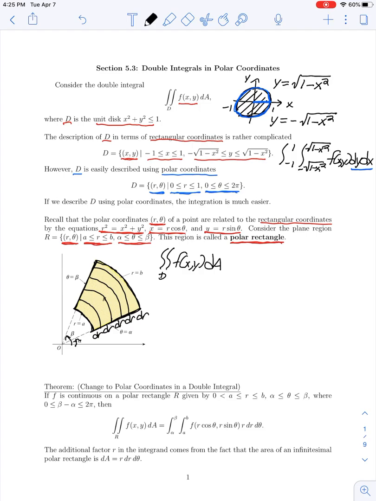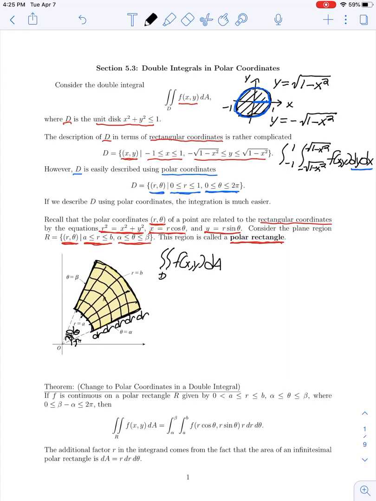Now we could also partition the theta interval from alpha to beta into subintervals, and we would get these line segments through our region that were obtained by looking at lines revolving from the positive x-axis at different values of theta between alpha and beta. These little changes in the theta direction we'll denote as d theta if we divide it up into little sub-pieces.